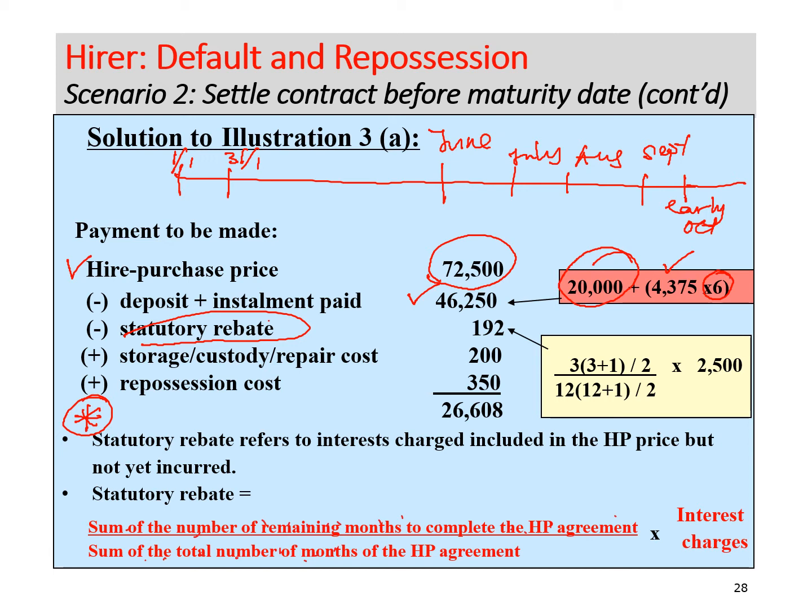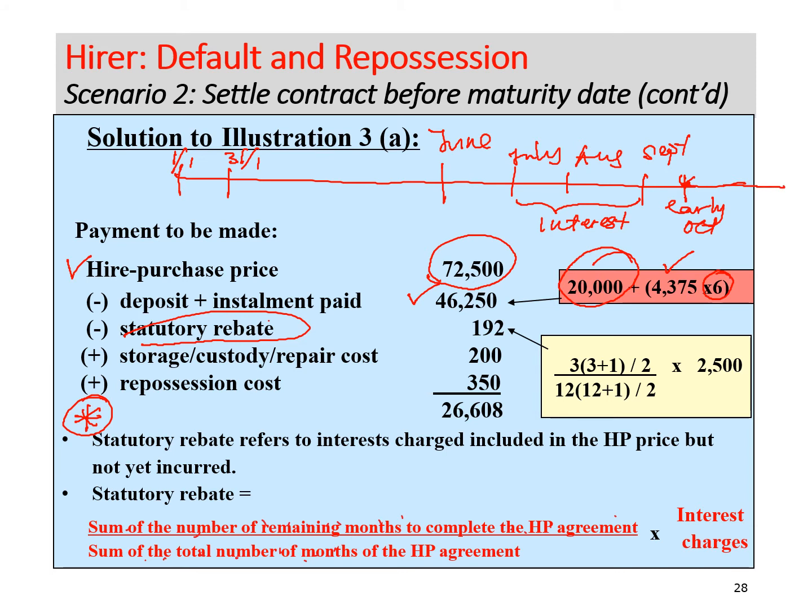What is going to happen here is that for the 3 months period from July to September, the hirer, Shalik Berhad, will have to bear the interest expense. But because the company settled the contract in early October, from October onwards the hirer does not have to bear the interest for this hire purchase agreement.